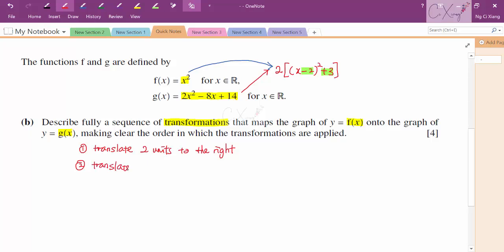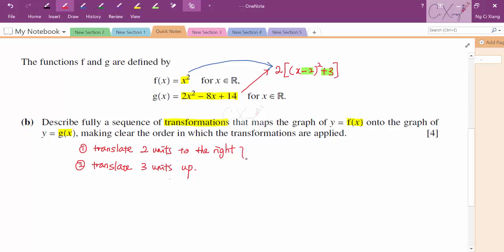So translate 3 units up. This is a vertical translation. So a horizontal translation and also a vertical translation. If you want to swap the sequence of these two translations, also no problem. That means you can translate it 3 units up first, followed by translating 2 units to the right.